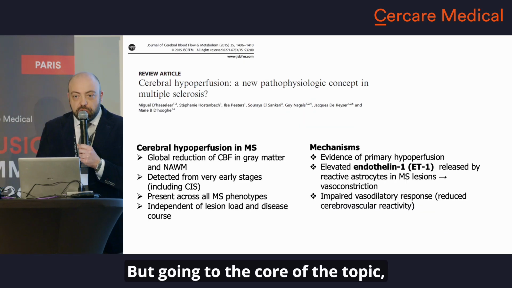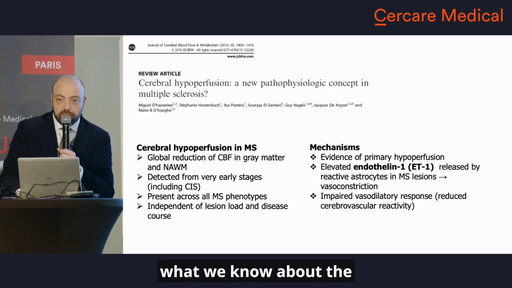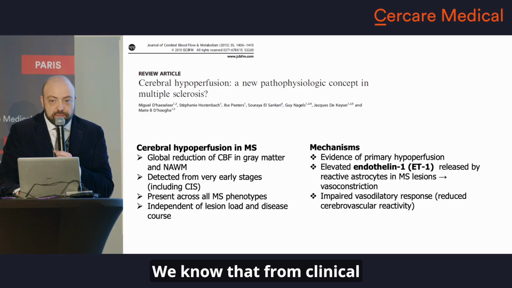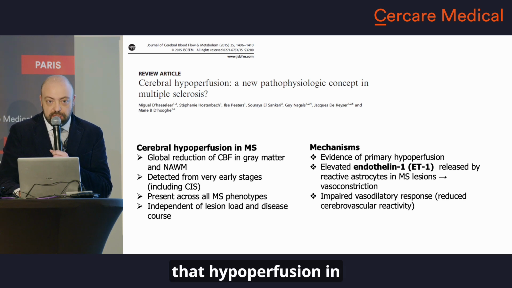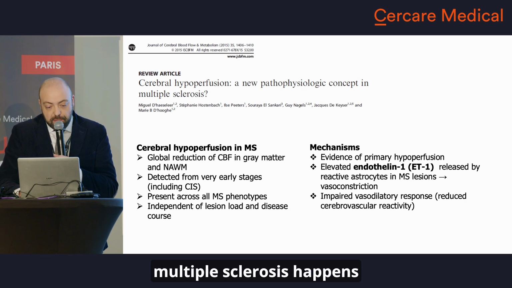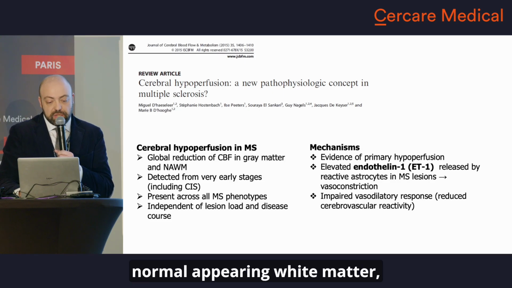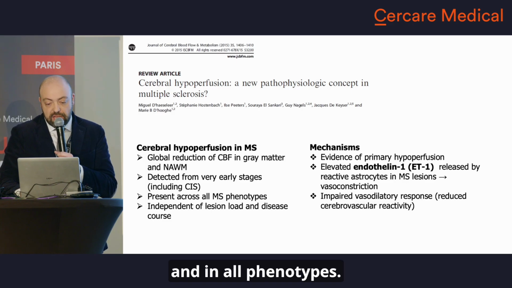But going to the core of the topic, what do we know about perfusion in multiple sclerosis? We know from clinical and preclinical studies that hypoperfusion in multiple sclerosis happens in both gray matter and normal-appearing white matter, even in the early stages of the disease and in all phenotypes.